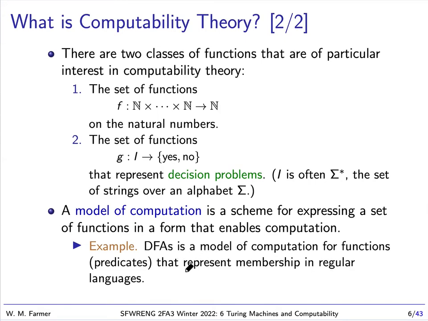DFAs are a model of computation for functions, and these are actually predicates because these functions return true or false or yes or no that represent membership in regular languages. So DFAs are a model of computation, but they're a limited model of computation because they only allow predicates that represent regular languages.